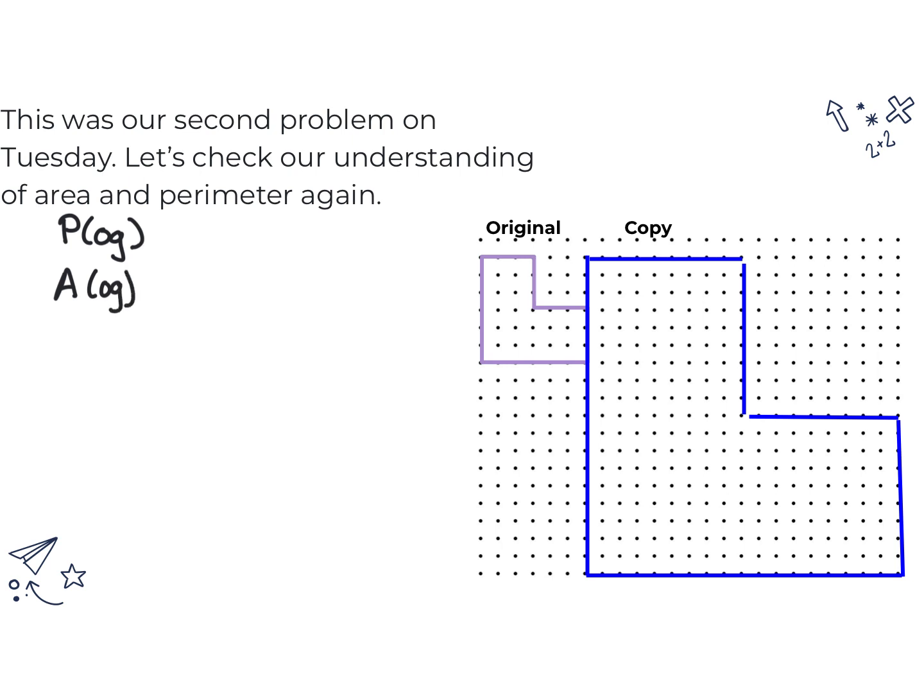So we want to add up all the side lengths. We know that this is a 3 and a 3 and a 3 and a 3. And then these were 1, 2, 3, 4, 5, 6. These were 6 and 6. So we're going to have 3 plus 3 plus 3 plus 3 plus 6 plus 6.